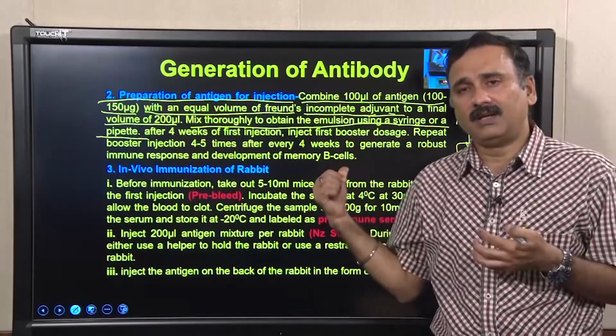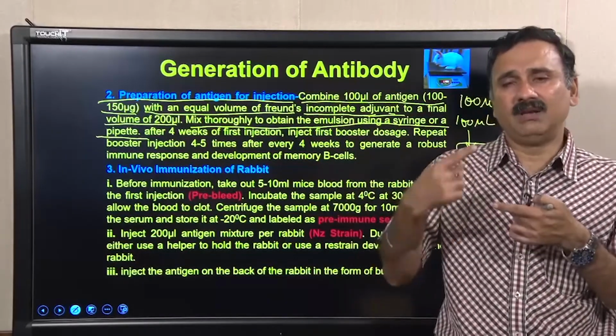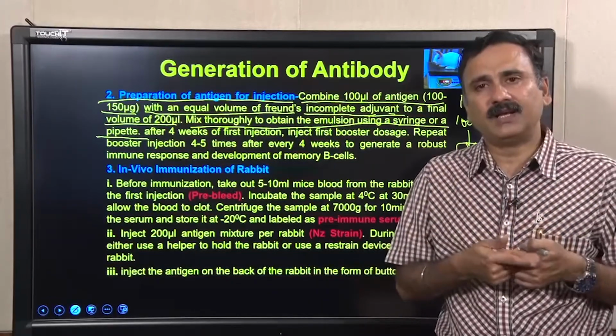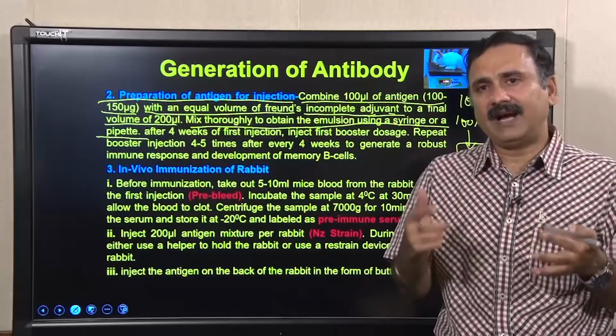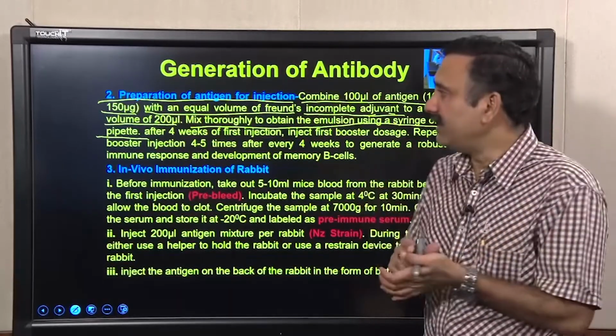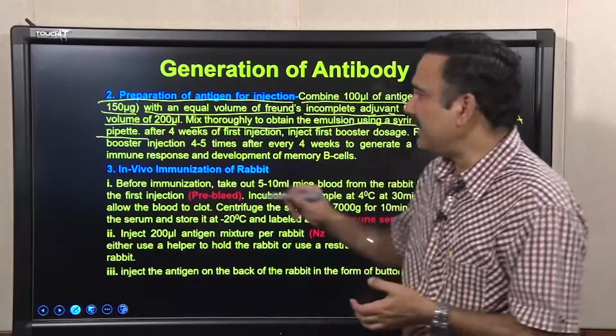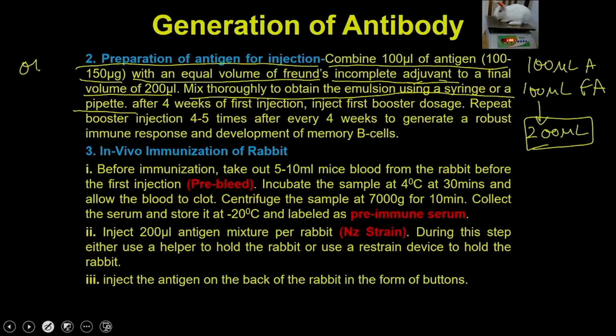Since you are making an emulsion where the oil and the water mix together, the antigen is going to be trapped in small vesicles. When you take the oil and mix it with the water, it makes an emulsion where your antigen is trapped within it.